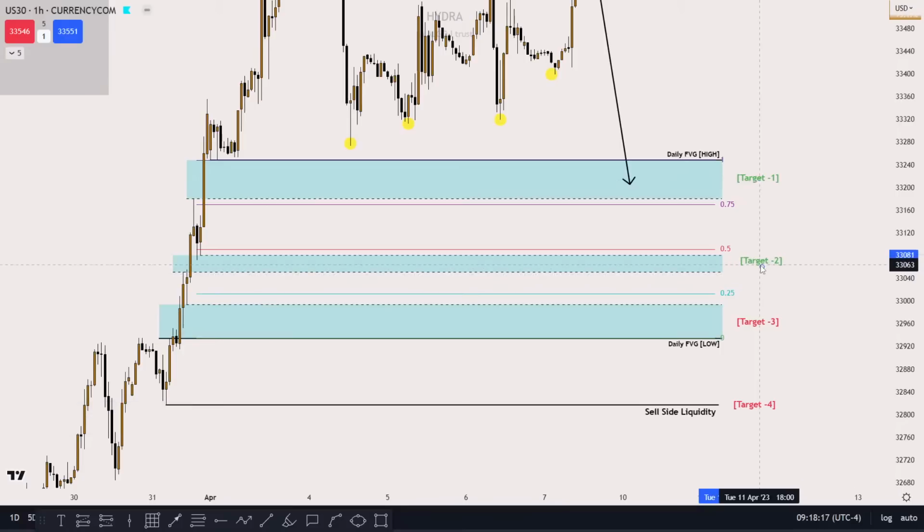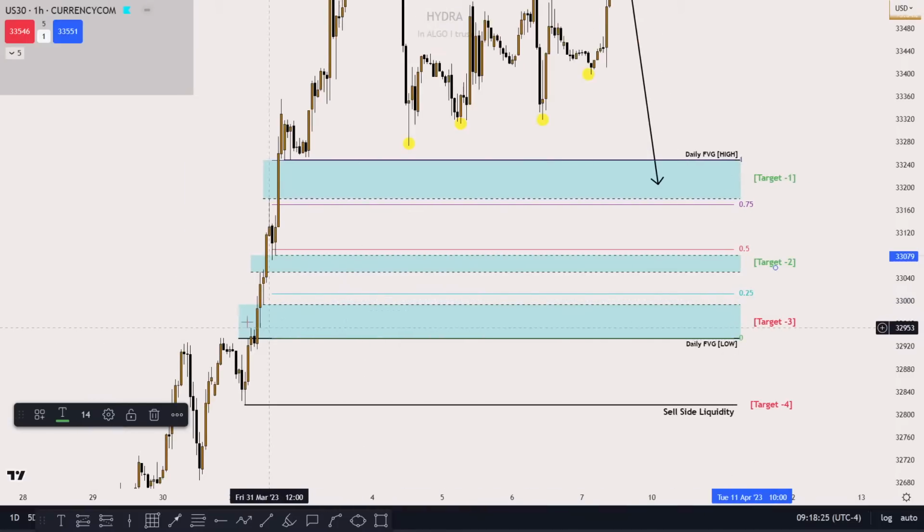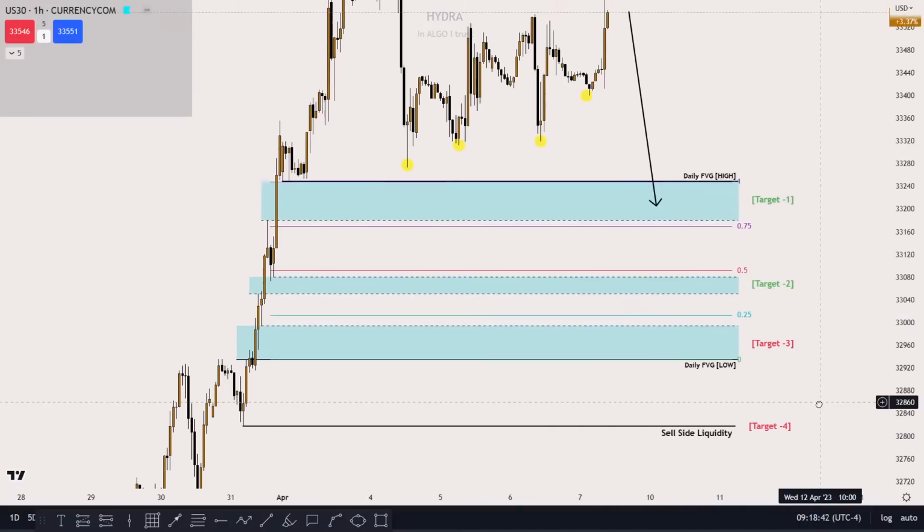And this right here becomes our high probability, but it's not that high probability. And these two targets become our low probability because there's no fair value gap on hourly chart, but there's a fair value gap on 4-hour chart, right? And if price is still offering liquidity towards the sell side, then I can expect to see price take out this major level of sell side liquidity pool. That's our target four, right?